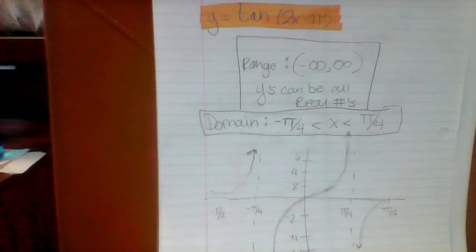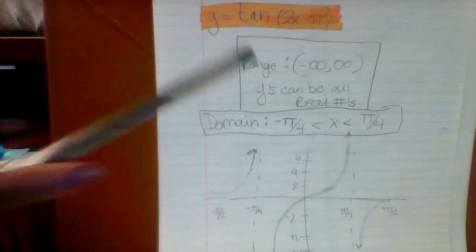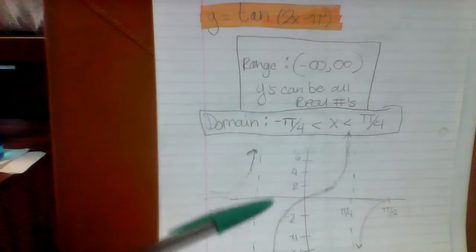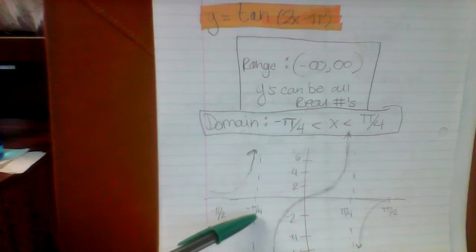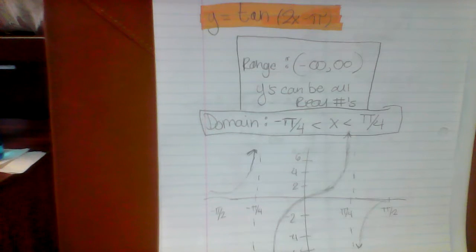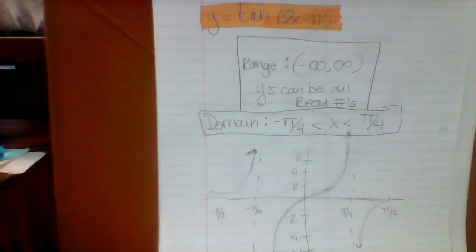So now the range, which is all the y, is negative infinity to positive infinity. And the domain here stops at negative pi over 4 to positive pi over 4. It doesn't include them because there is a vertical asymptote there, which is the dashed lines.